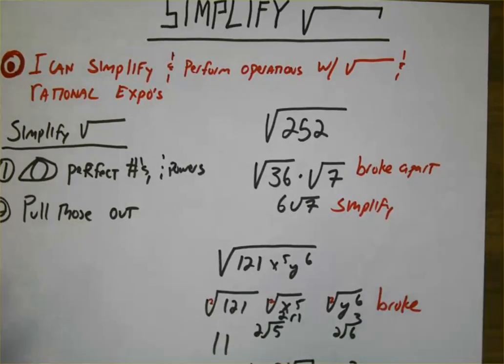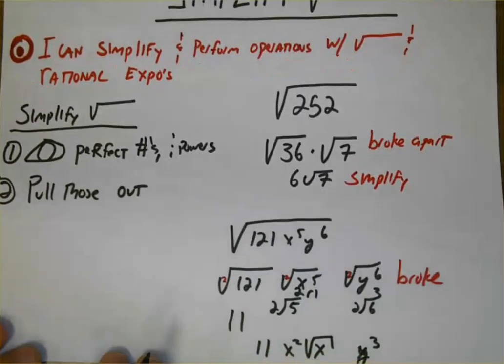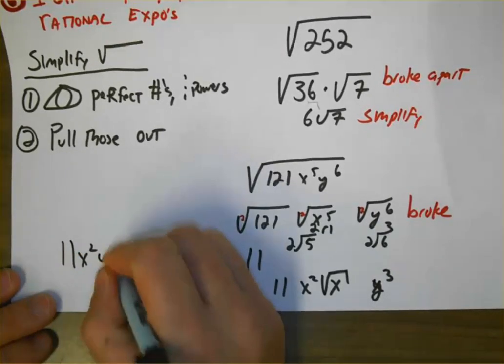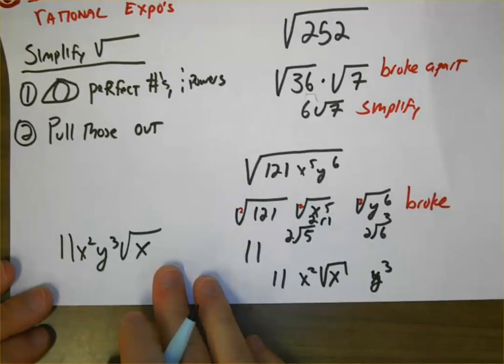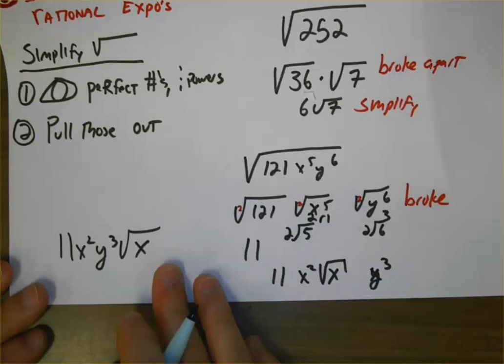So it's 11 times x squared, times y cubed, and what's inside the radical is x. So this becomes 11x squared y cubed with radical x. Maybe in class we'll do another example of that, but that's pretty much it.